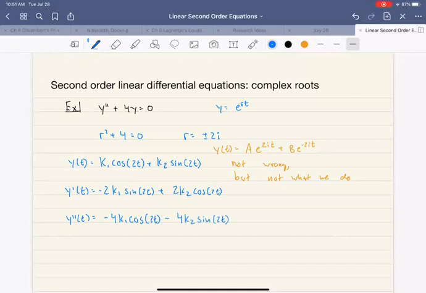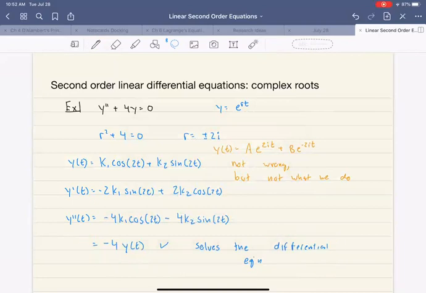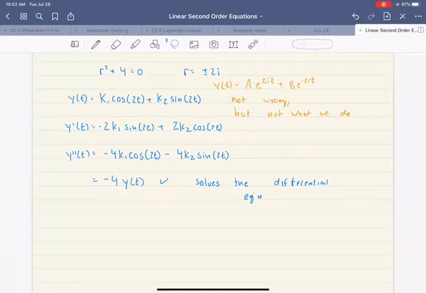And now you can see that y double prime is negative 4 times y. So it will solve the differential equation. Okay, let's put that in blue.